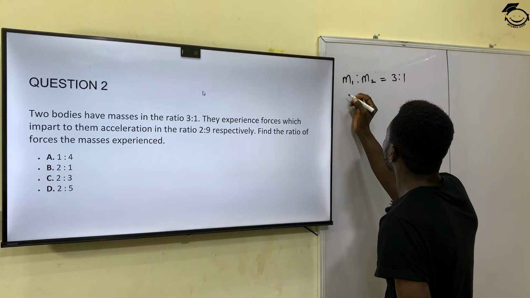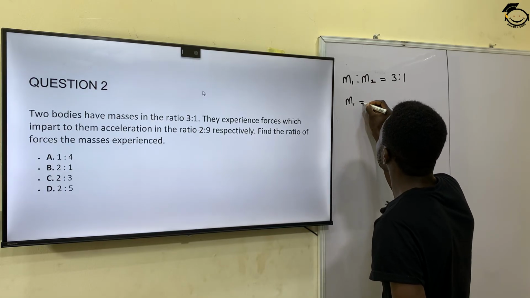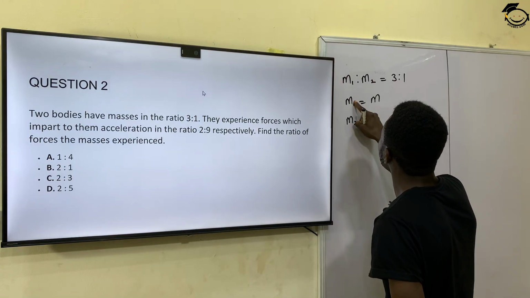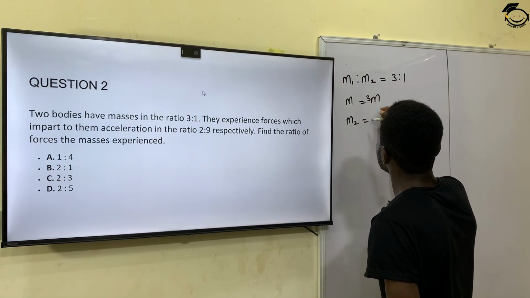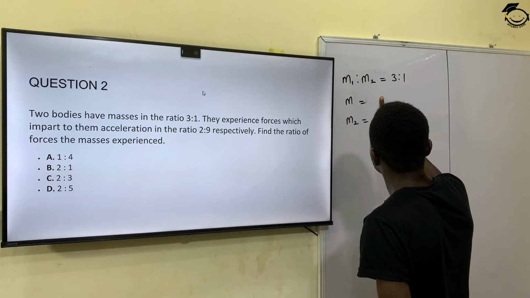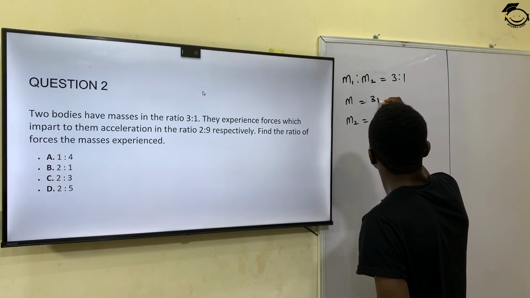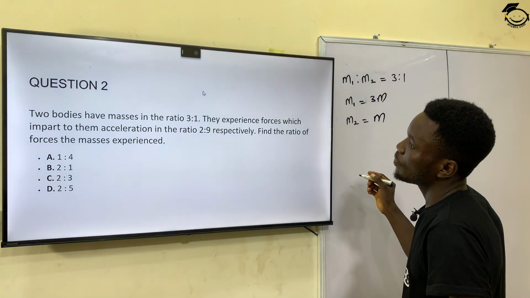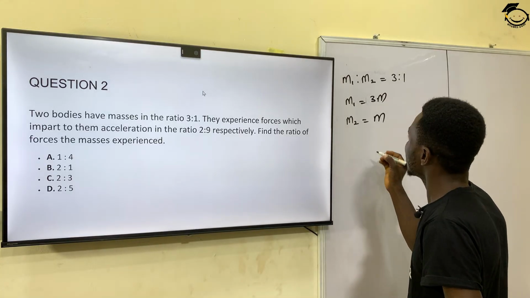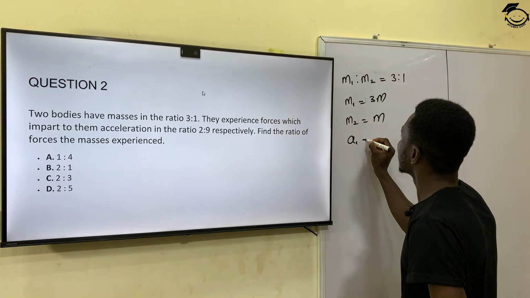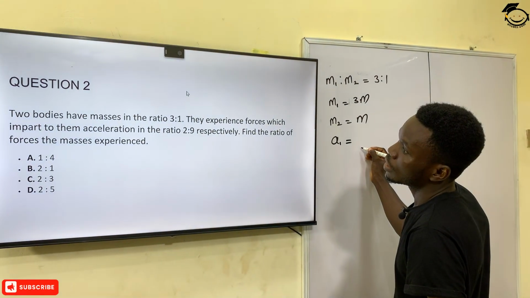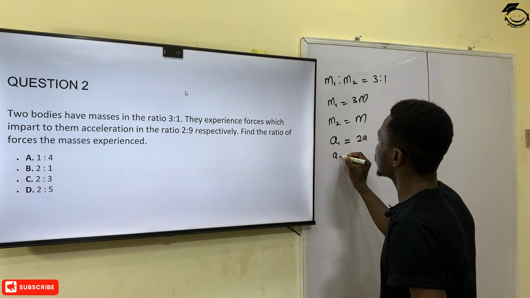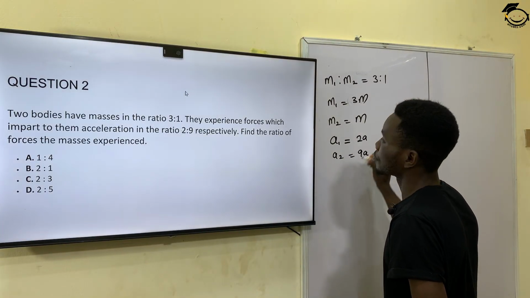That is to say, if M1 is equal to 3M, it means that my M2 will be equal to M. With that same phenomenon, they say the ratio of their accelerations, it means that my A1 is 2A and my A2 is 9A.